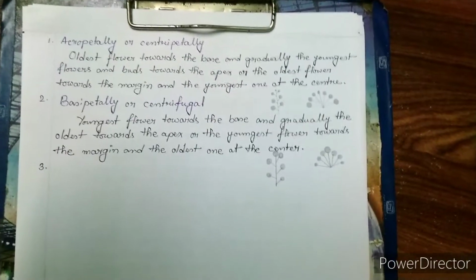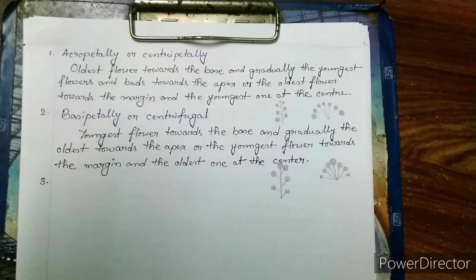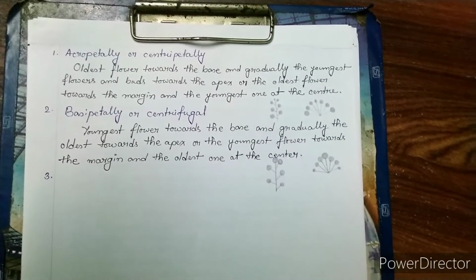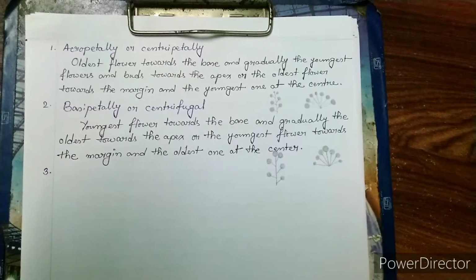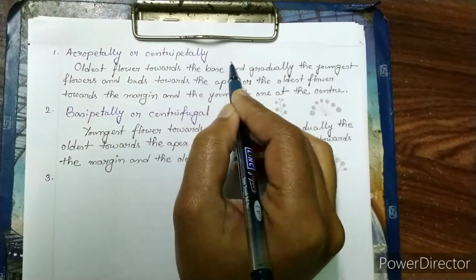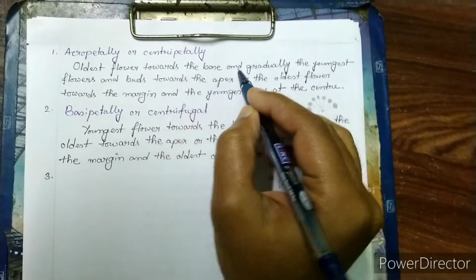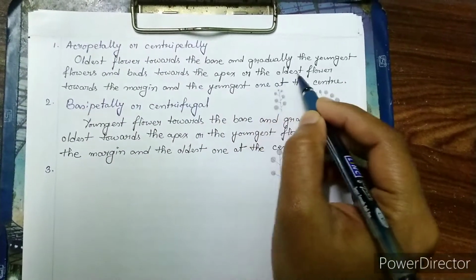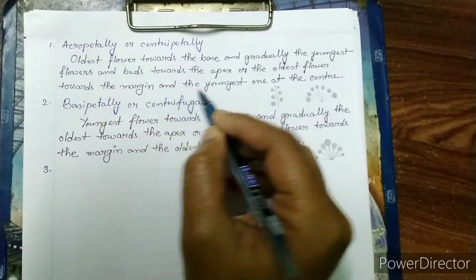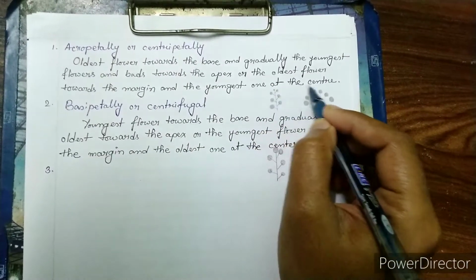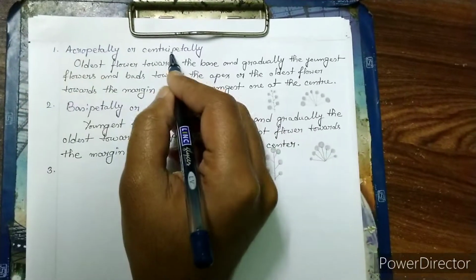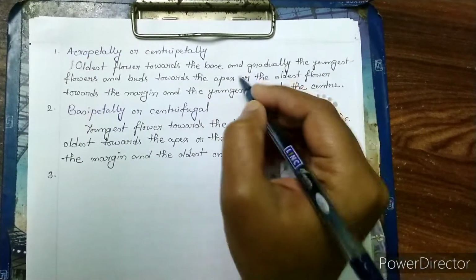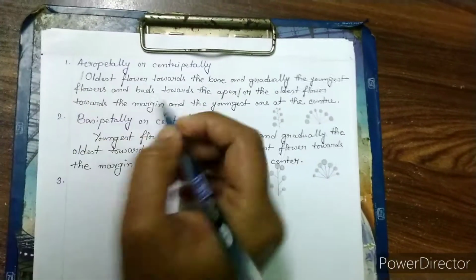Okay, now after the previous one we discuss two terminologies, that is acropetally or centripetally, and another one is basipetally or centrifugally. Okay, so first of all we discuss acropetally. The oldest flower is toward the base and gradually the youngest flowers and buds toward the apex. From this to this is called acropetally.